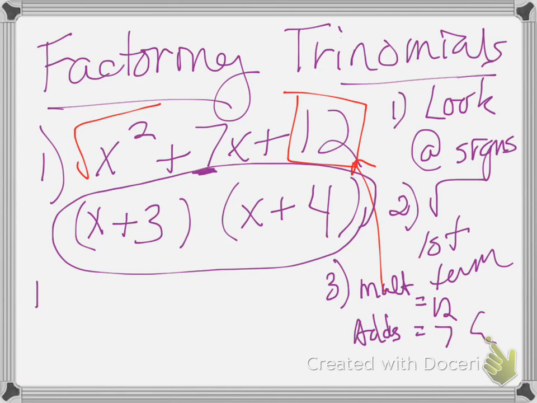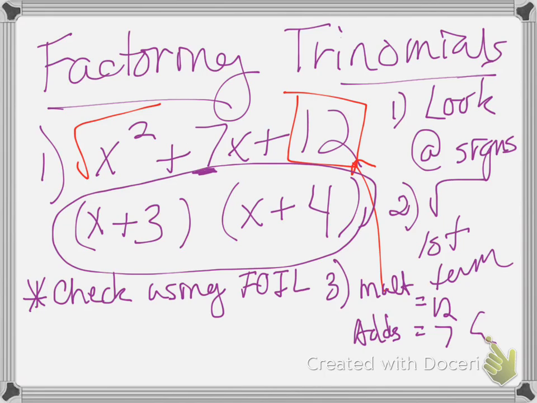Now, if you want to, you can check this using FOIL. Why does it have to add up to 7? I love FOIL. Okay, well good. Then you're in the right place.